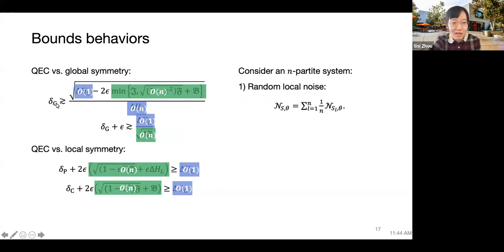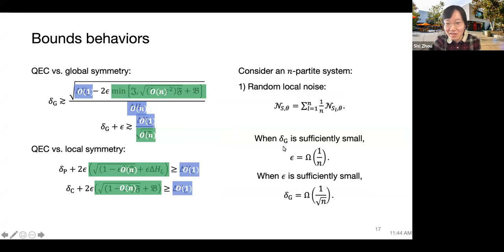So now we can see the scaling of delta G, when epsilon is below a certain threshold. Actually the scaling of delta G is going to be 1 over square root of n. The reason is that I think I forgot a square on the denominator here.